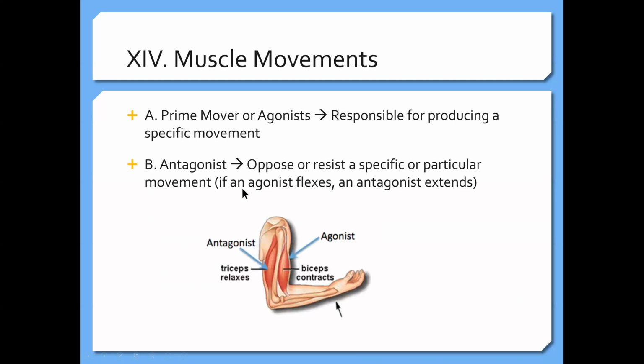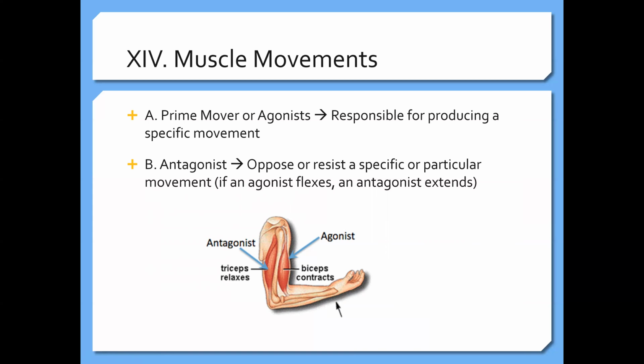An antagonist is a muscle that opposes or resists a particular movement. If the agonist flexes, an antagonist extends. So if we want to extend the elbow, we contract the triceps. When we flex the biceps, the triceps extends, but it's essentially relaxed.